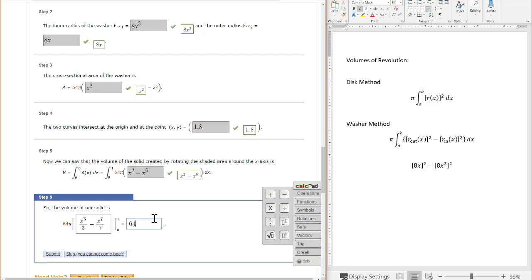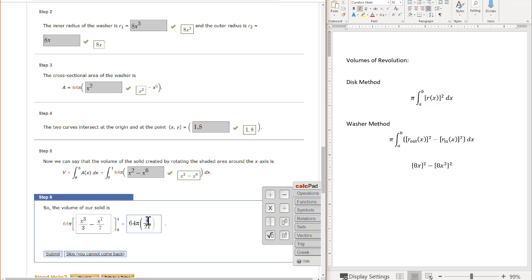So this is going to be 64 pi times 1/3 minus 1/7. Now I suppose we should work to simplify this. The common denominator is 21. We get 7 minus 3, that's 4 over 21. I don't think we can reduce. So we could just multiply 64 times 4, which is 256.